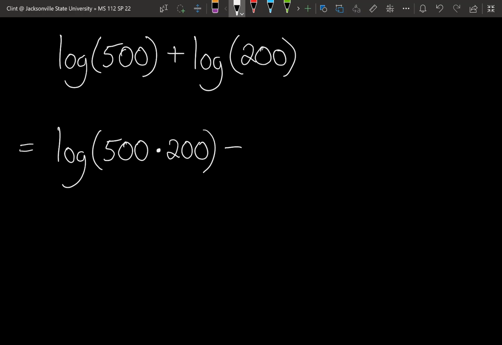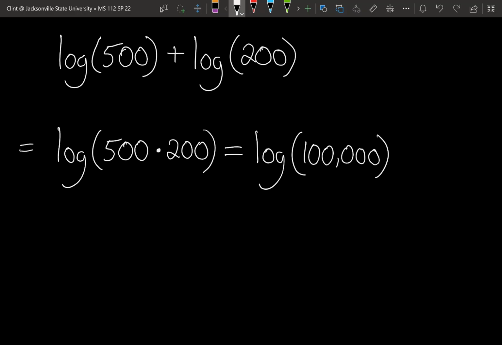If we multiply that out, I get log of 100,000. The shortcut there is we've got 4 zeros, and then 2 times 5 is 10. So there's my 4 zeros, and then the 10 in front. You can use a calculator too.